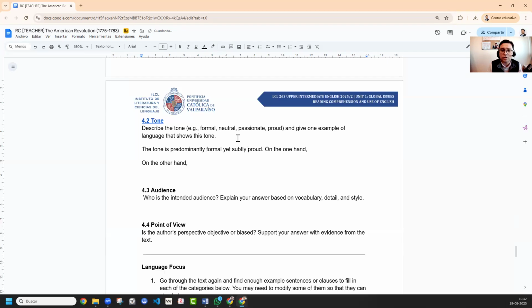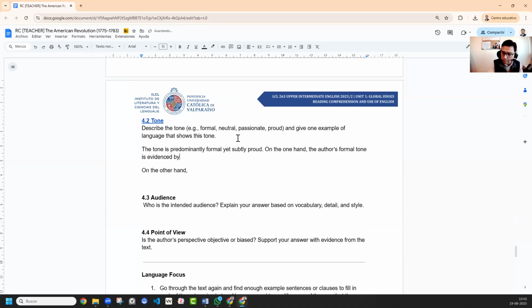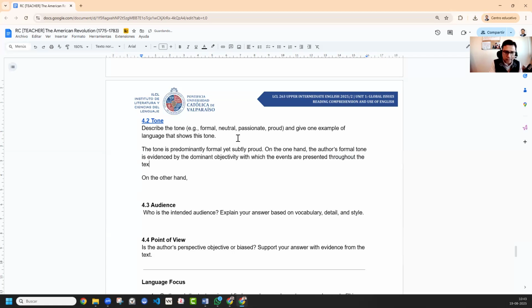Remember that a good strategy is to lay the ground for your writing by preparing the structure that you will use. So on the one hand, the author's formal tone is evidenced by the dominant objectivity with which the events are presented throughout the text.